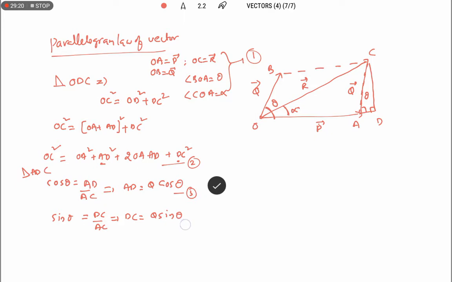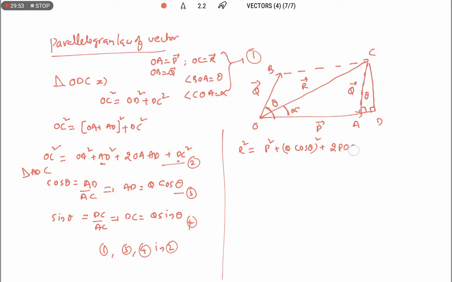Now substitute the known quantities in the expression. After substituting, R square equals P square plus (Q cos theta) whole square plus 2 OA, OA value is P, times Q cos theta, plus (Q sin theta) whole square.